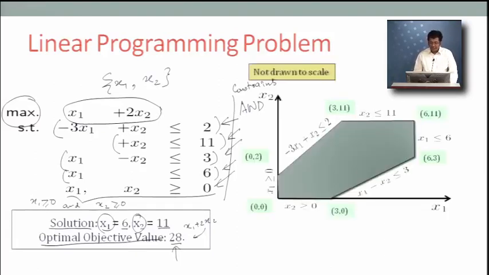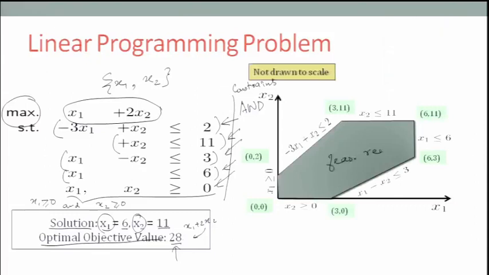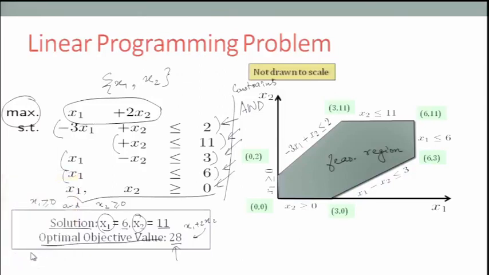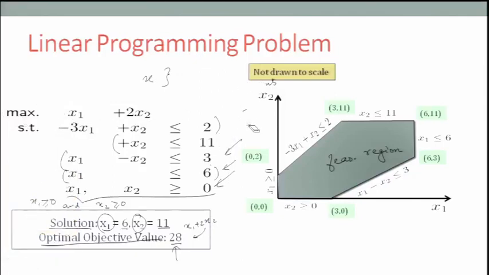To first understand that, we need to first look at the feasible region of the linear program. Okay, and the feasible region is, if you forget about the objective for a minute and just look at the constraints. Okay, so let's do that. Let's get rid of all the writing on the slide and look at the constraints.